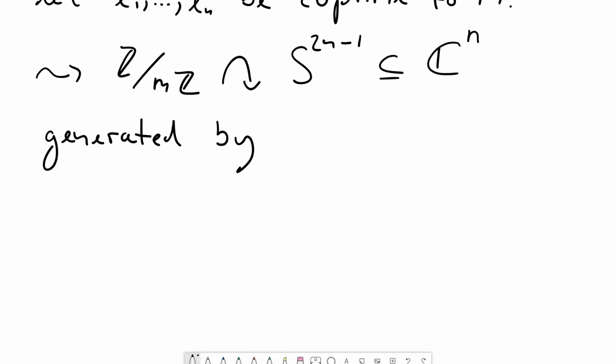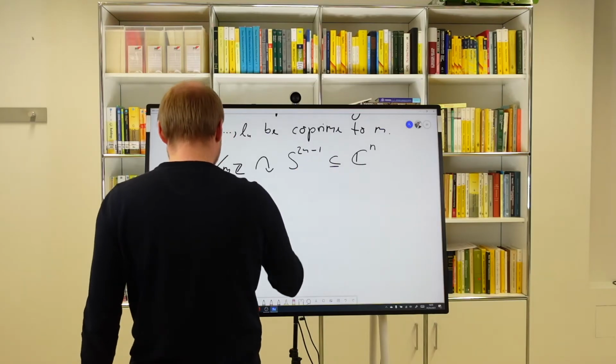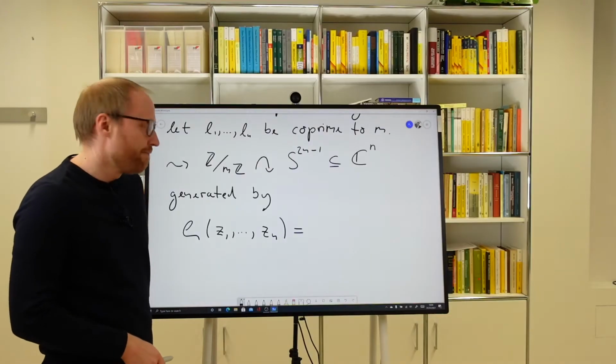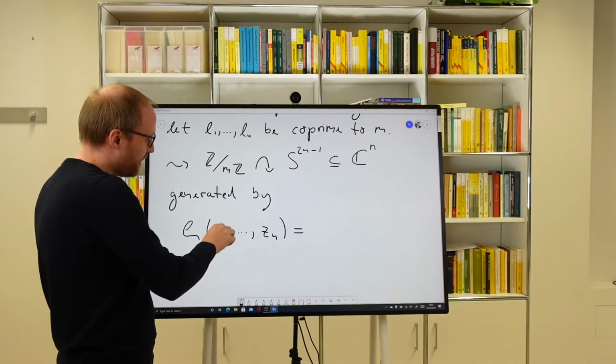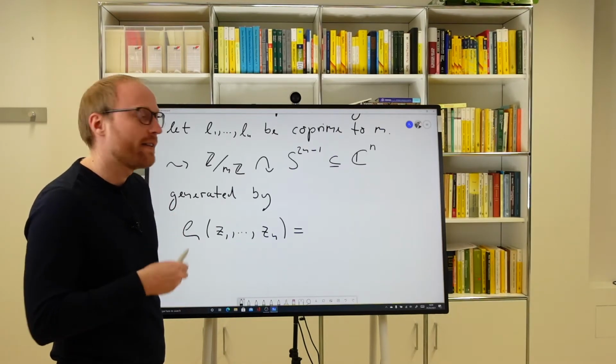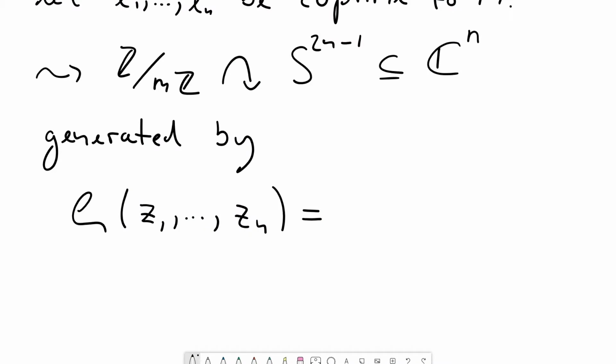And it does the following. We just say this action is generated by a map, call it rho. So it takes an element of this 2n-1 sphere, that's an n-tuple of complex numbers Z1 until Zn. And now we have these n different integers L1 to Ln, and I rotate each of these n coordinates by an angle of 2 pi times Lj over m.